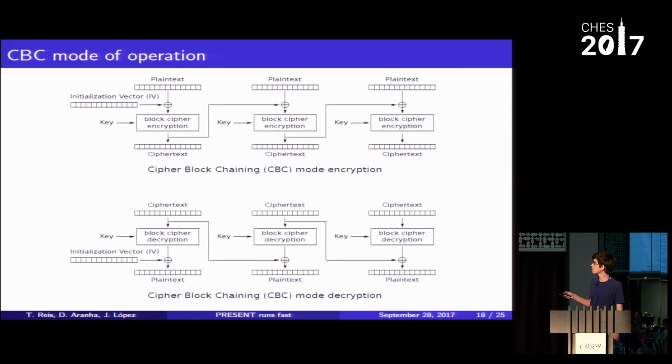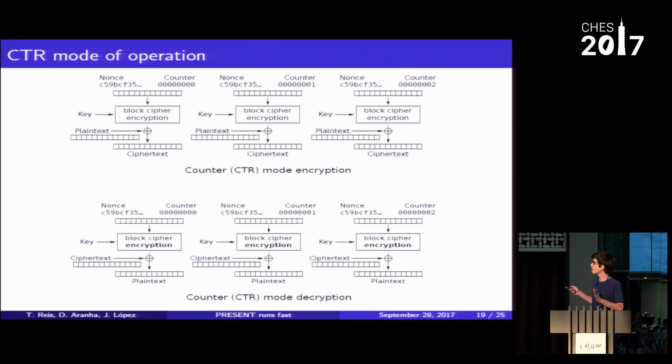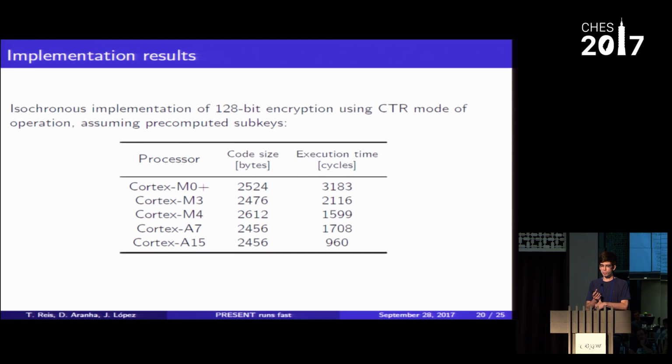Here is the figure to remember that when you encrypt several consecutive blocks, there is a dependence between the output of one block and the input of the next block when you're encrypting in CBC. The decryption can be done in parallel, and for CTR, everything is good. We can parallelize everything. So the optimal results for us will be when we use CTR.